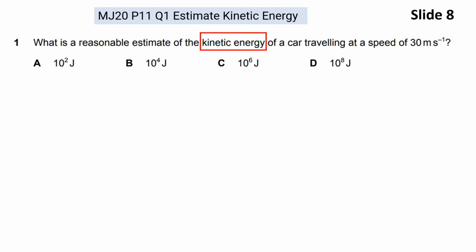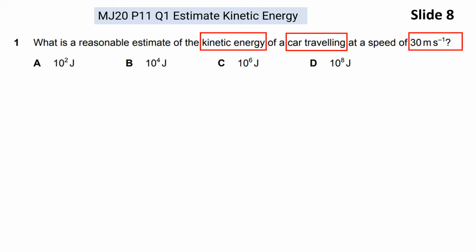And the other portion of information is the car is traveling, so there must be a driver there. So we have to consider also the mass of the driver. And the information is given about the speed, which is 30 meters per second.